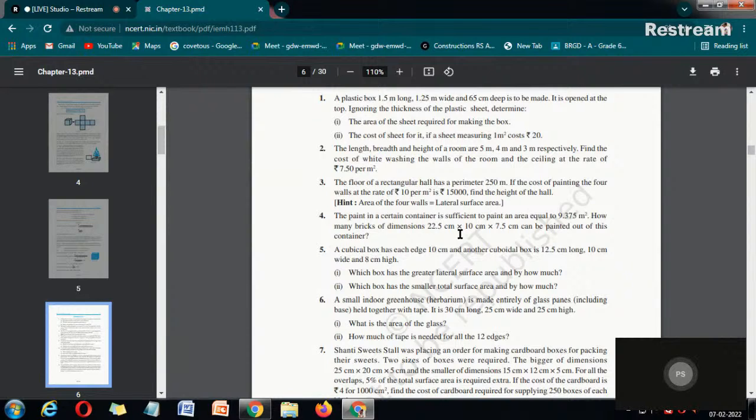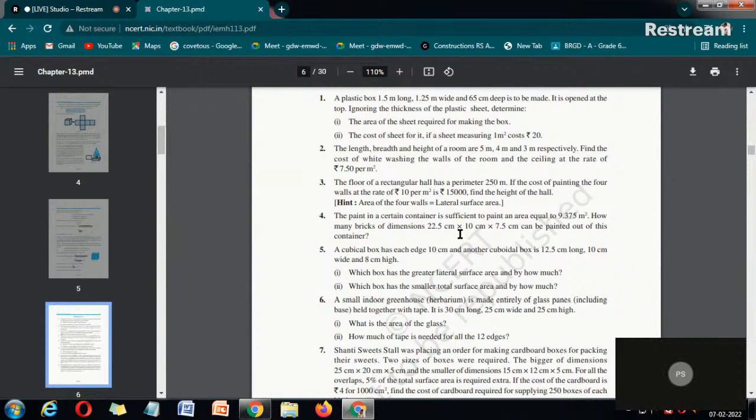Now let's substitute. The first question, the area of the sheet required for making the box. So L here is 1.5 into 1.25, plus 2 into breadth 1.25 into 0.65 meter, plus 2 into 0.65 into 1.5.